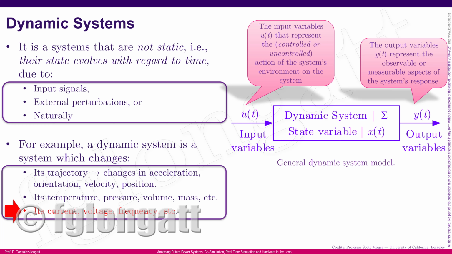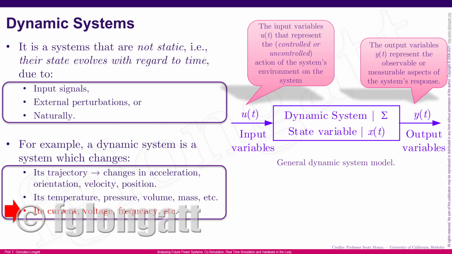And the truth is that the electrical power system is a dynamic system. In those dynamic systems, we have input signals, perturbations coming from the environment, or some changes that come in a natural way. In those dynamic systems, we need to use some mathematical representation, and the typical way to do that is using mathematical equations.